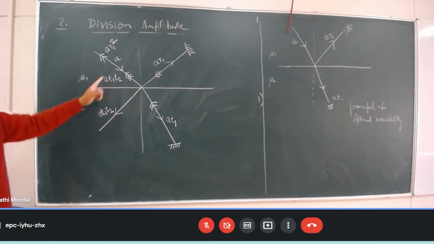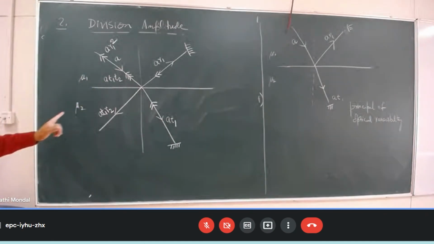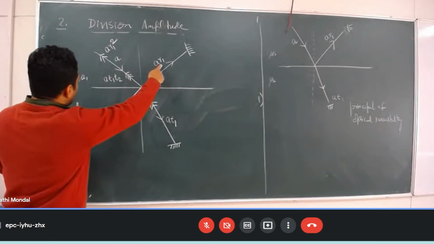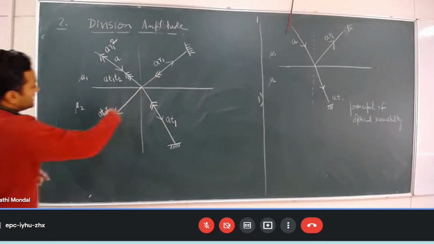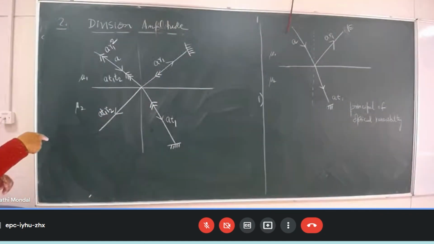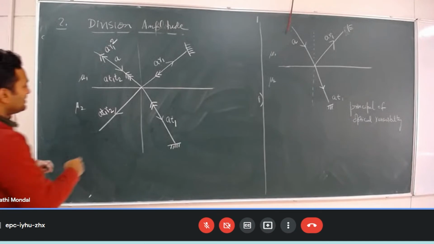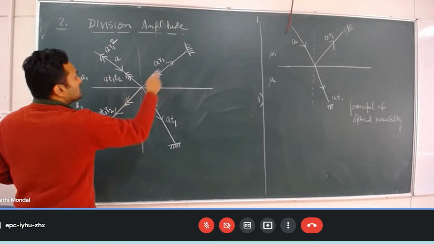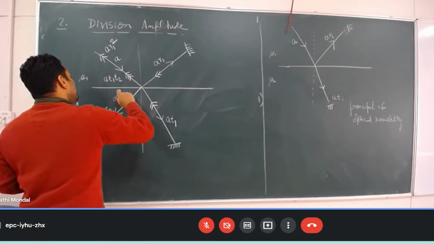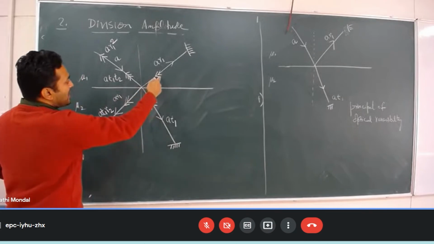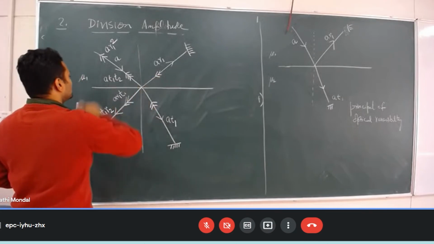So that is T2. Now this AR1 will also transmit in this direction. Then what will be the intensity of this one? It will become AR1 into T1, from 1 to 2.